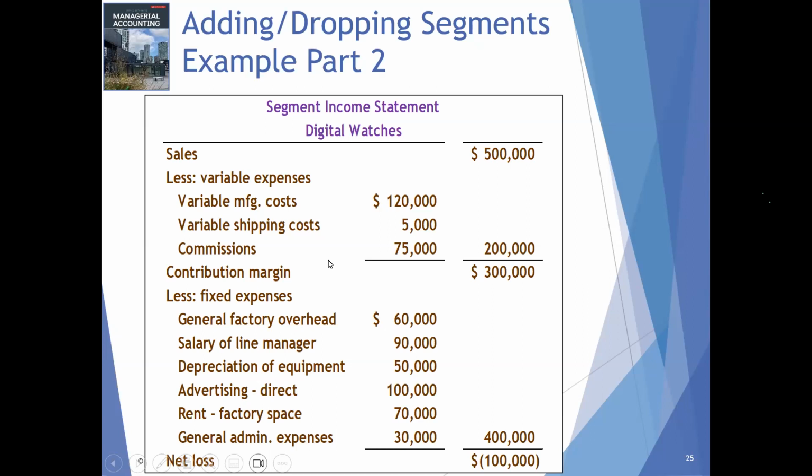Now, managers want to take a decision whether to drop this line or to continue, whether to discontinue the digital watches, as per the information and figures available in the income statement.